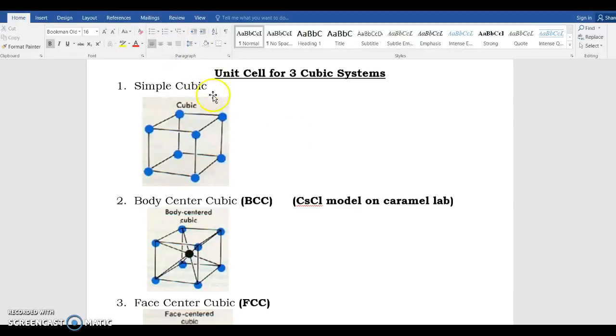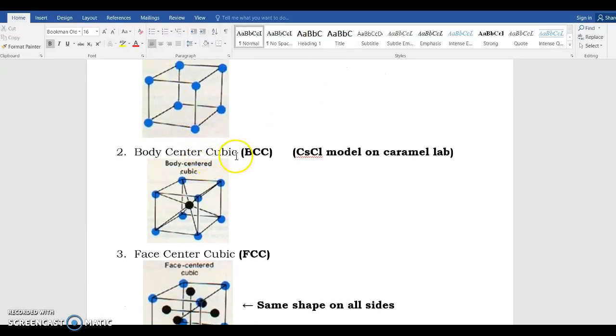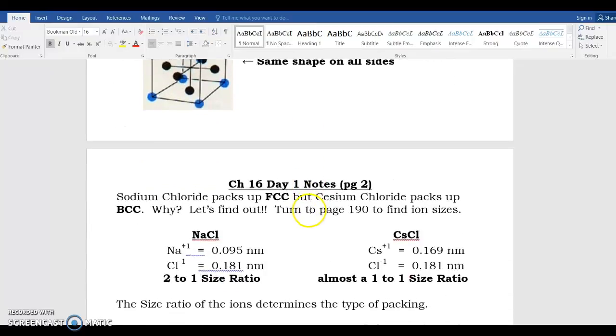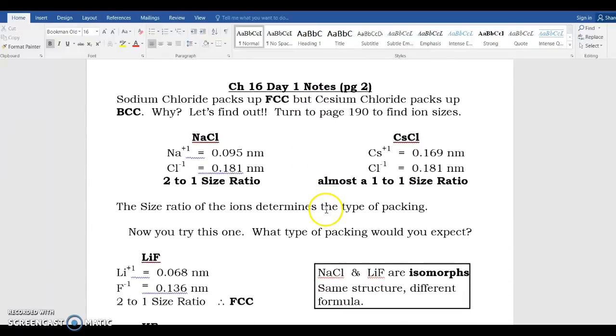I wanted to show you something new that we didn't really talk about a whole lot last semester that we can bring in this semester. So we have the simple cubic, the body centered cubic, and then also the face centered cubic. This is where it talks about those shapes and how they play a role, and it does depend on the atomic ratio, the size of the atomic radii, and how they compare to each other.